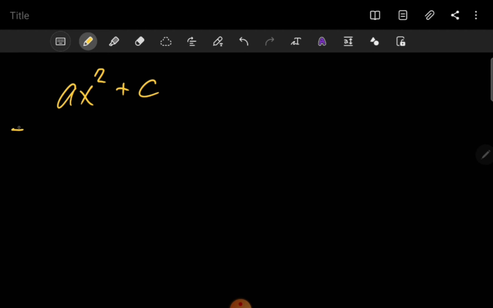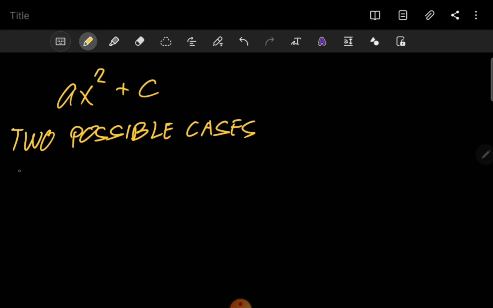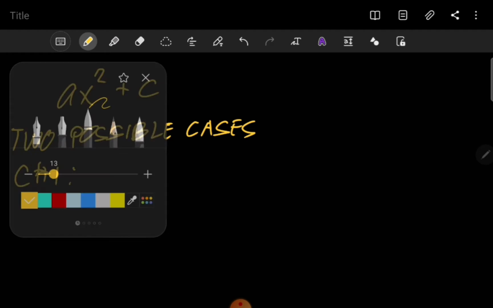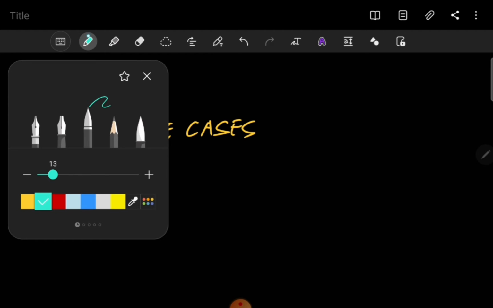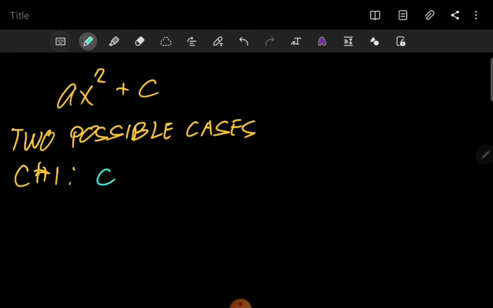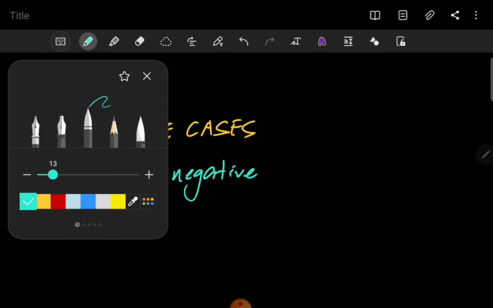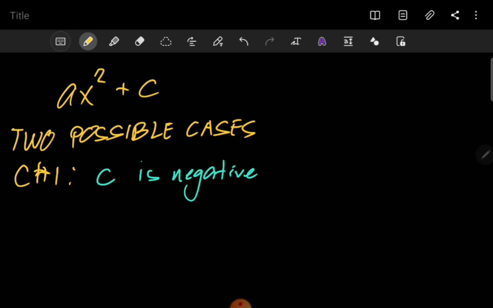So there are two possible cases for this one. Case number one: if c is negative, then our x is possibly a real number.